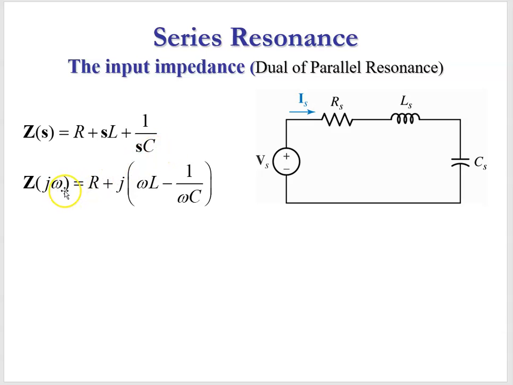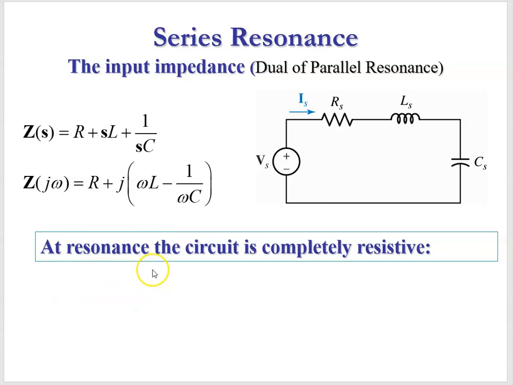And then substituting in s equal to j omega, since again resonance is a sinusoidal steady state phenomenon. So we plug in omega for s, and we pull out the imaginary j component. We see we have j times (omega L minus 1 over omega C).